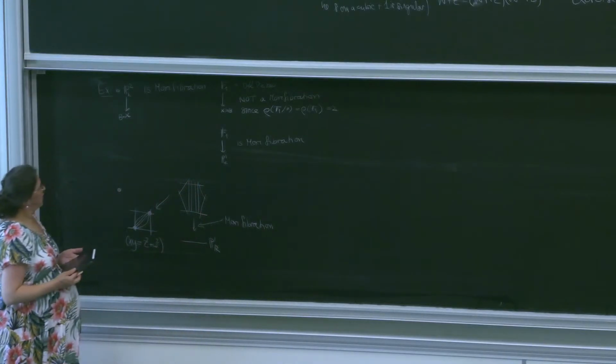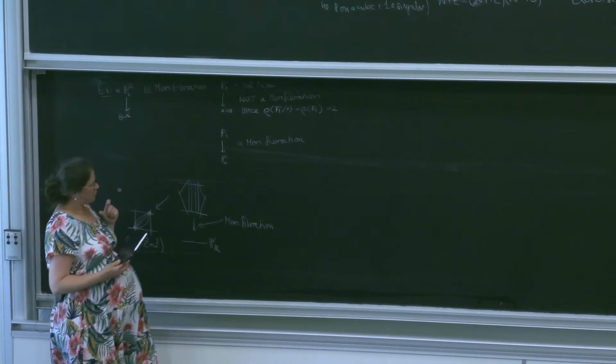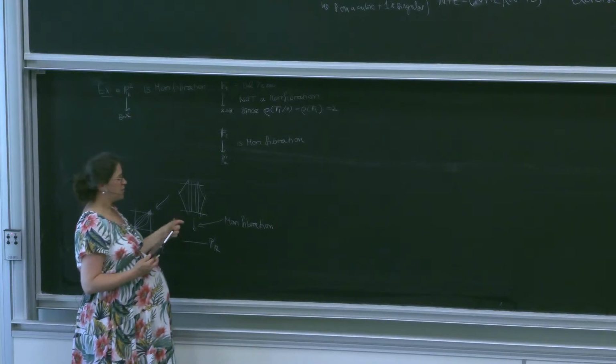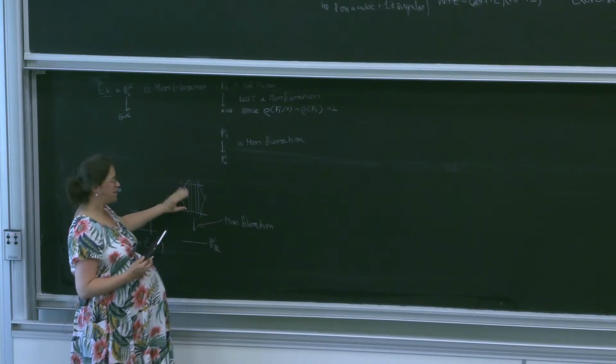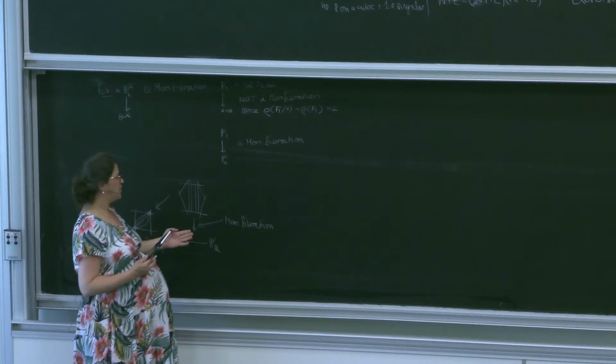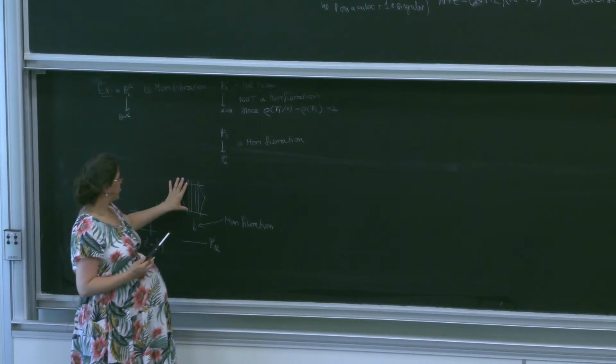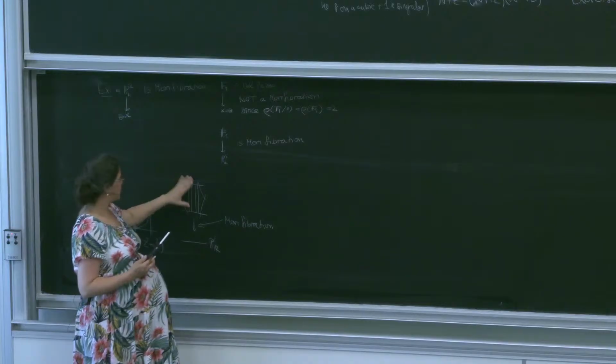For conic bundles, you can think of a Mori fibration as the property of being minimal. If I contract anything, I lose the property of being a conic fibration. So I cannot contract any of the vertical curves.